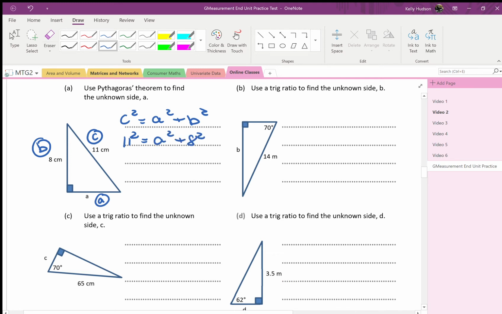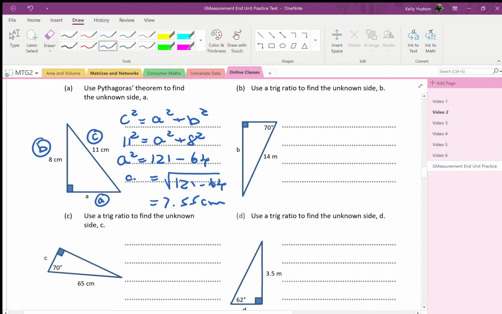Okay, so I'm going to take the 8 squared away from both sides. So I've got a squared is equal to 121 minus 64, and therefore a is equal to the square root of 121 minus 64. So I put that in my calculator and I end up with 7.55 centimetres.